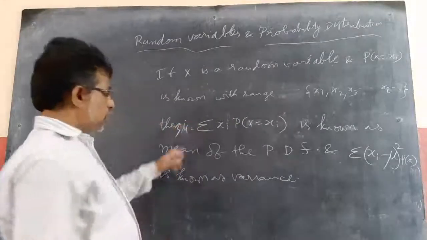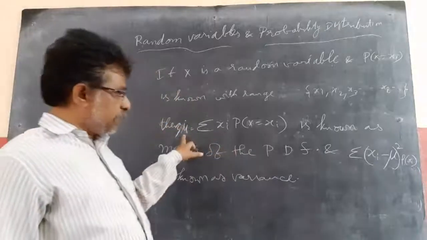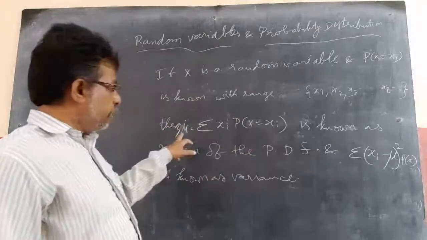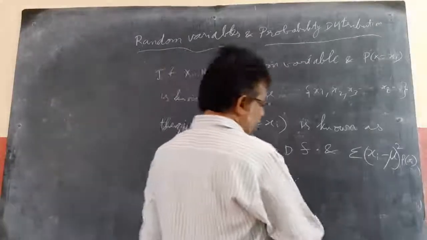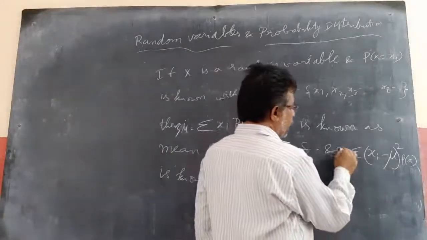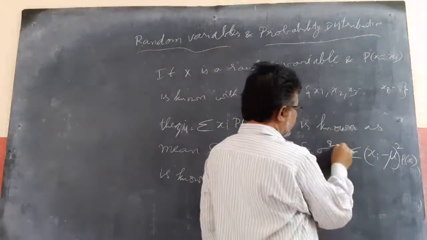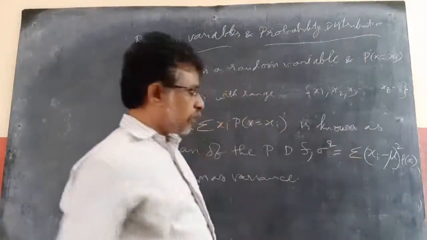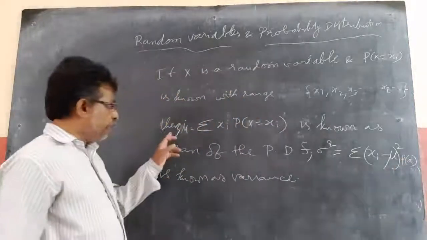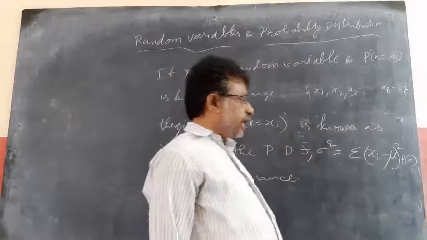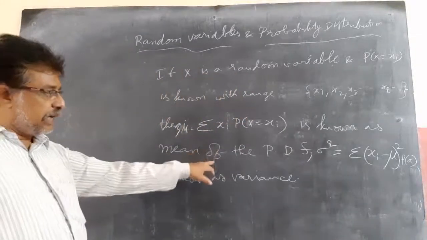This mu is nothing but the mean. So mean is usually represented with mu, and variance with rho square. So rho square equals sigma xi minus mu square into P of xi, and mean mu equals sigma xi into P of xi. This is the definition of mean and the variance.